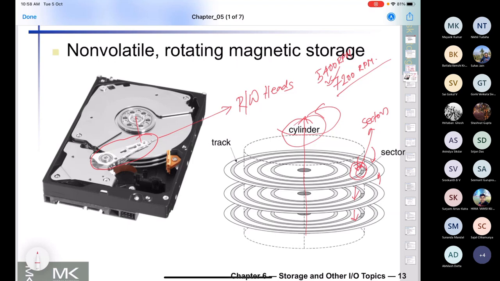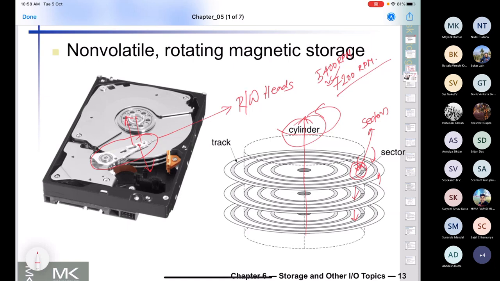Why is that necessary? That is necessary because of the way the read-write head moves. The read-write head needs to move towards the center or away from the center. And it cannot perform any other type of movement.